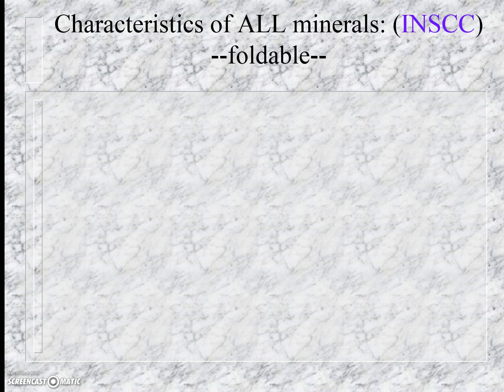Alright, so this is when you need to start filling out your notes if you haven't already. The characteristics of all minerals, okay? This is very important. The first one is that it is always inorganic, meaning it is not made of things that were once living, and it's definitely not living. It's natural, so it's found in nature, okay? It's not man-made.